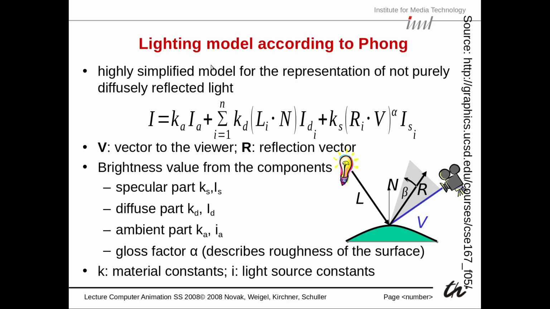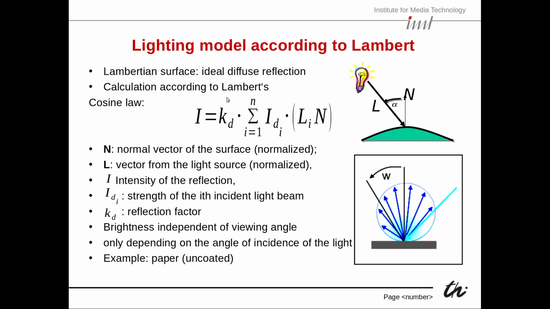So then we need to refine it to add a specular part, which we have here in the lighting model according to Phong. So it still is a highly simplified model for the representation of not purely diffusely reflected light. So here the first part is basically like what we just saw, Lambert's reflection.